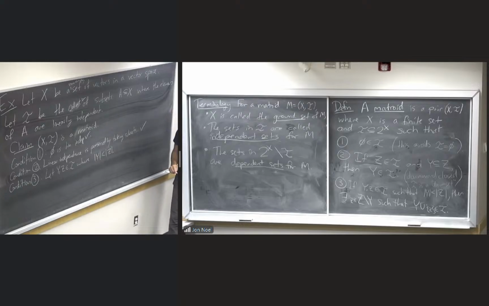These y and z are both sets of linearly independent vectors, and there are more things in z than y. So I want to find an element of z that I can add to y while keeping it linearly independent.